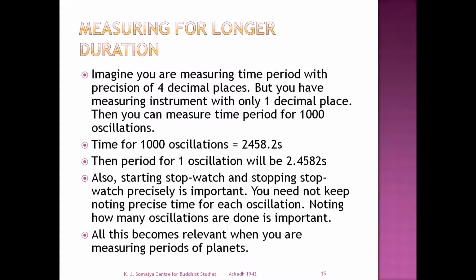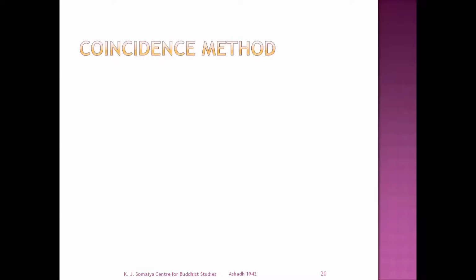These endpoints become very essential, and the information that it has completed so many number of oscillations. This information is good enough to do precise calculation. We need to understand that the starting point, the end point measurement, and approximate period of oscillation, that is sufficient to make more precise calculations.